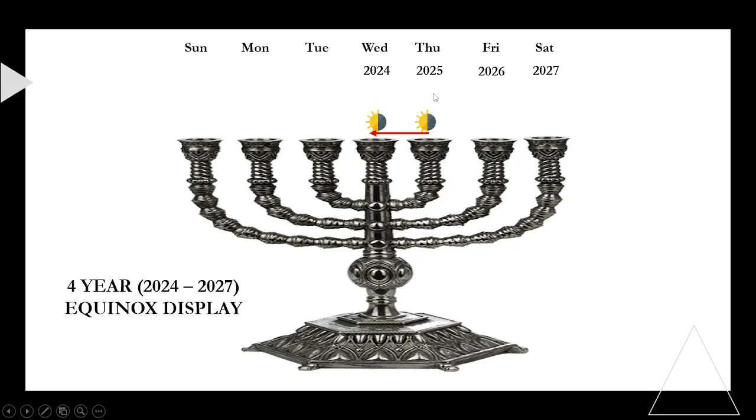In 2025, the equinox is on a Thursday. It's still on March the 20th, as I showed you in the previous slide, but it's on a Thursday. In 2026, the spring equinox is on a Friday. And in 2027, spring of 2027, the equinox is on a Saturday.